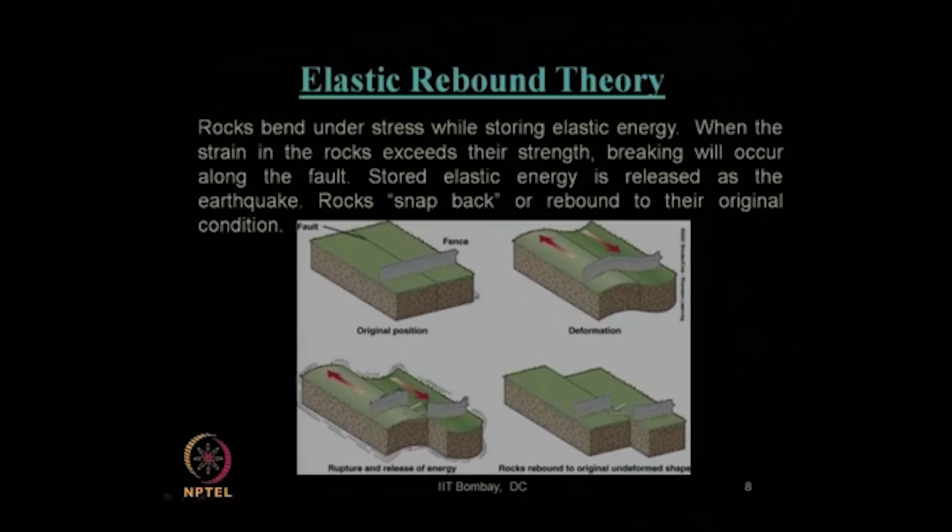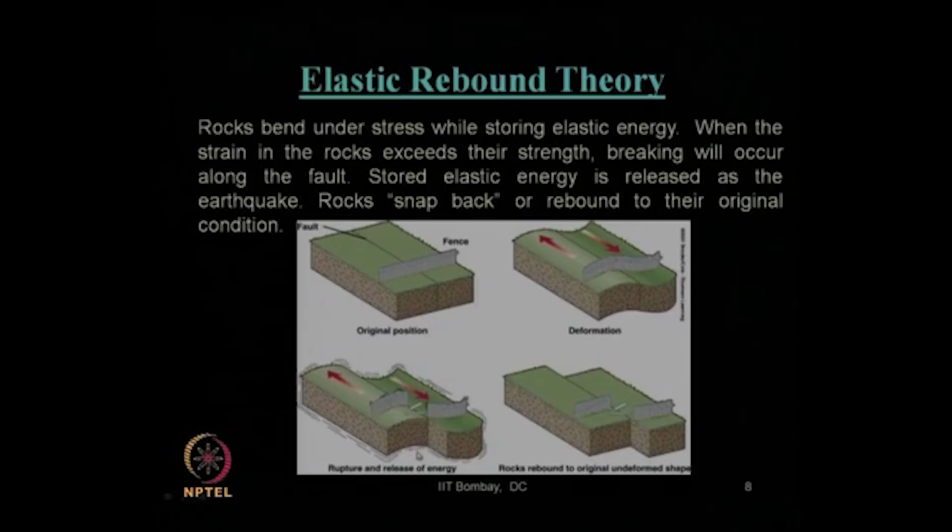Now, what happens when the stored elastic energy inside the bed of the earth exceeds the strength of that particular rock? They try to get deformed like this, along that weaker plane. And once that bending occurs due to the stresses, then finally along that fault they get ruptured like this.